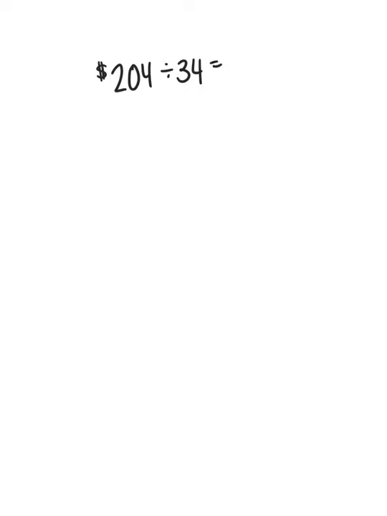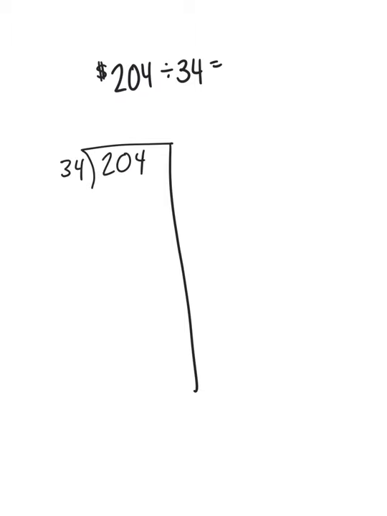So if I share $204 with 34 friends, let me write this. $204, 34 friends. If I start by giving each friend $3, that would be 102, right? That I was passing out to everybody.